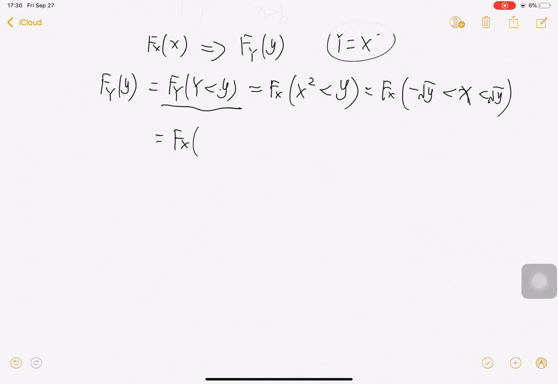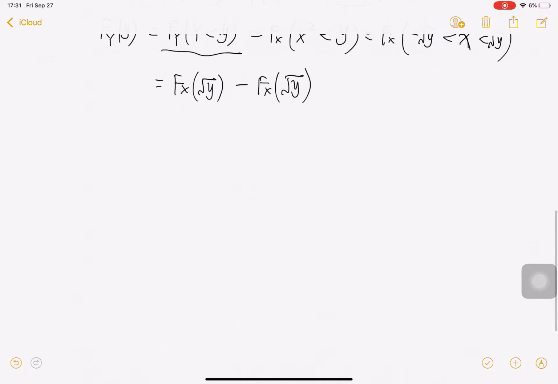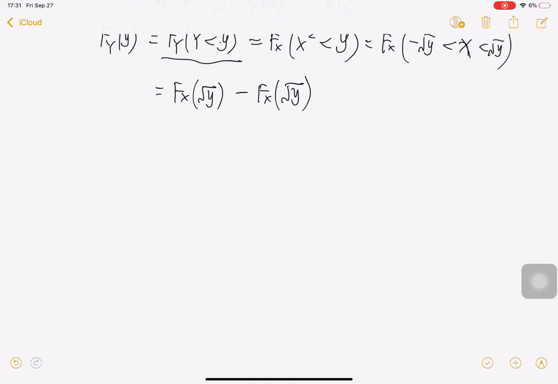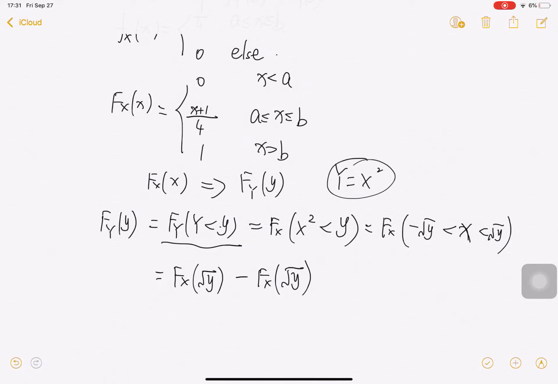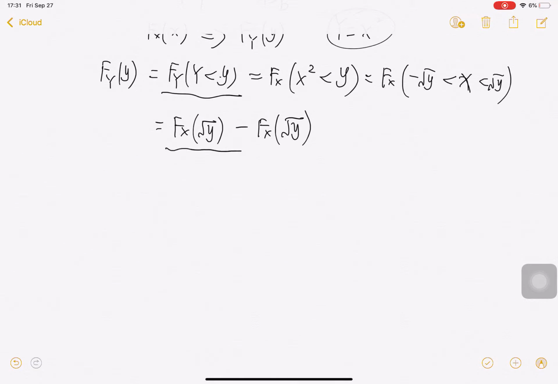So let's take the density function of x into this part. That's what we need.